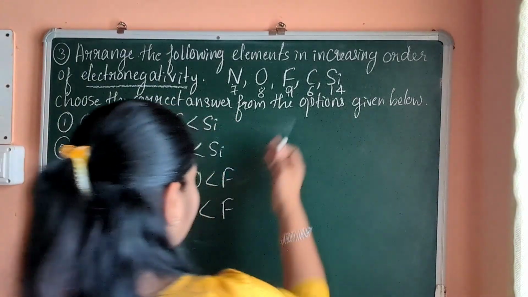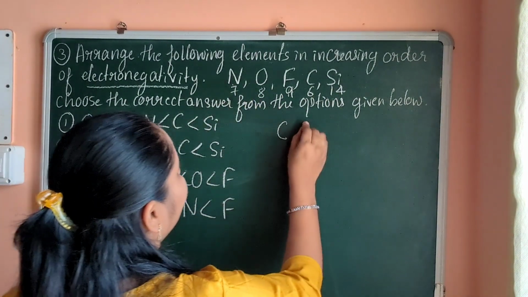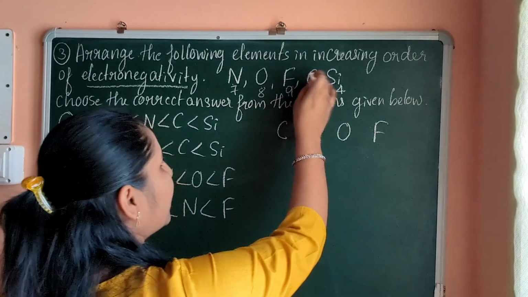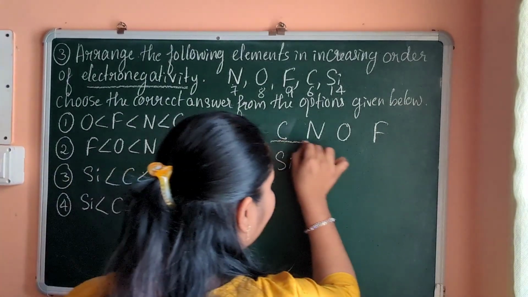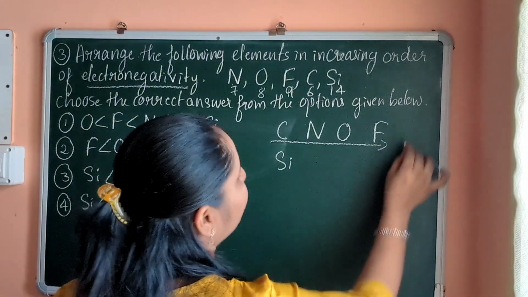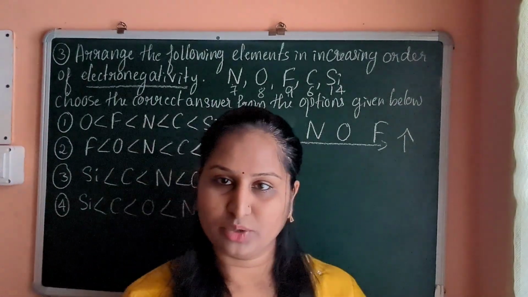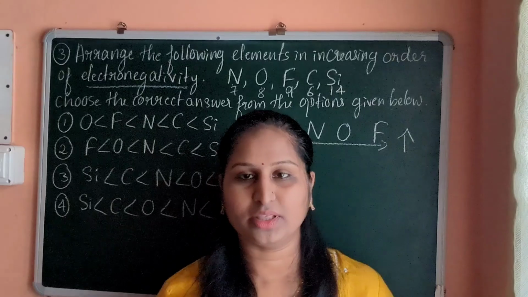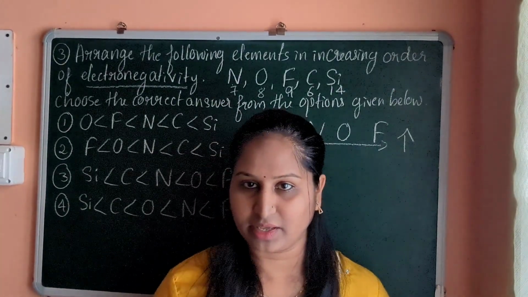So let me rearrange these elements once again here. First comes carbon, next nitrogen, oxygen, fluorine. And below carbon comes silicon here. So across the period from left to right side of the periodic table, electronegativity value increases, and down the group electronegativity value decreases. And you should know that in the whole periodic table, the most electronegative element is fluorine.